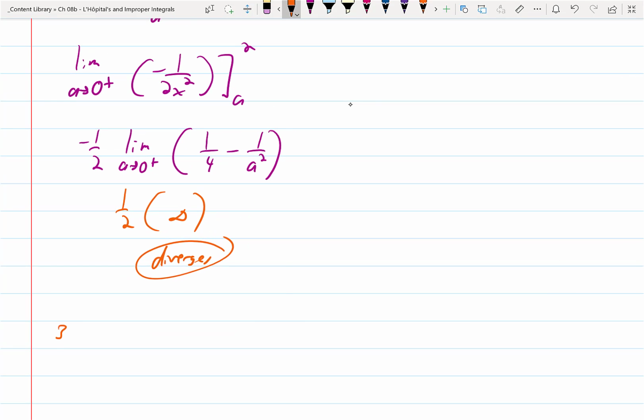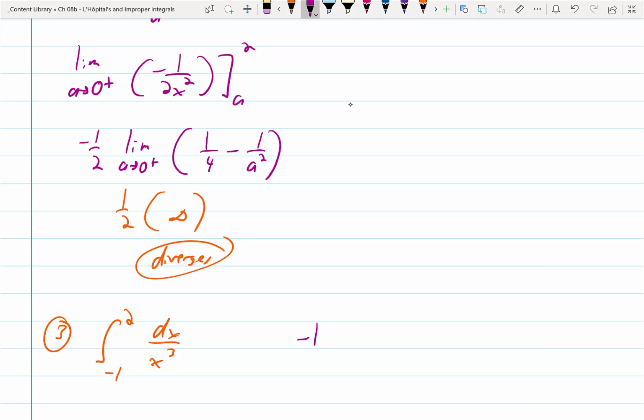Next, I want to show you how this works for something like this, where you're going to be tempted to make a mistake that I don't want you to make. We're going to do a similar problem. This is a problem where now 0 occurs in the middle of the interval.